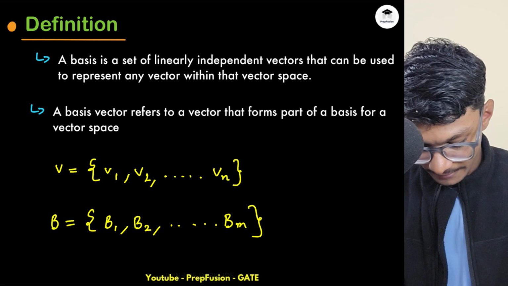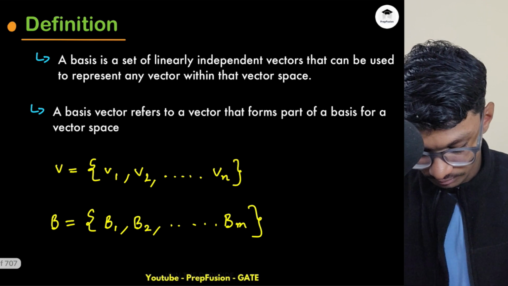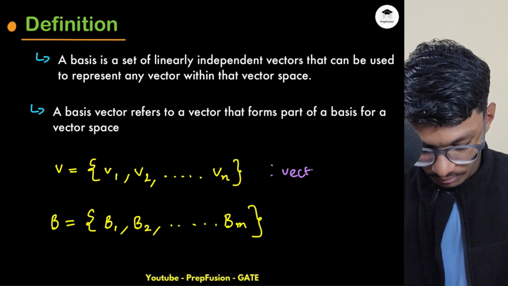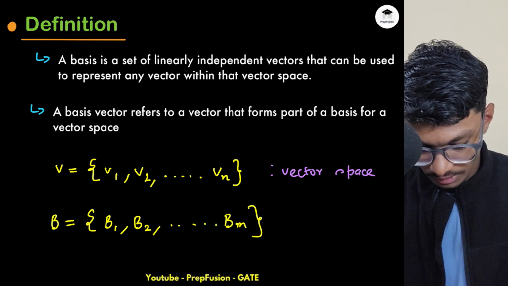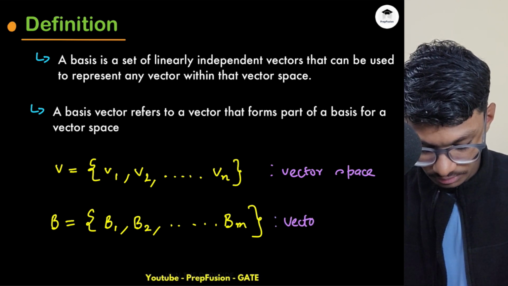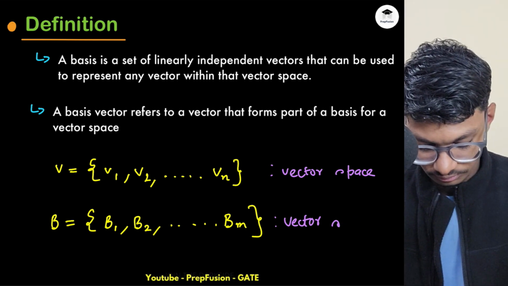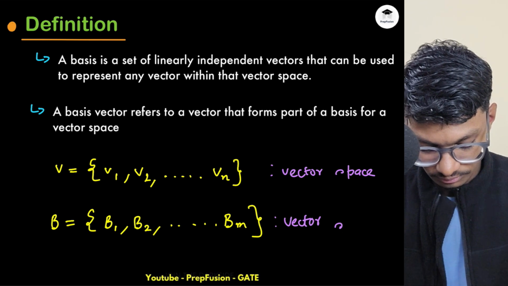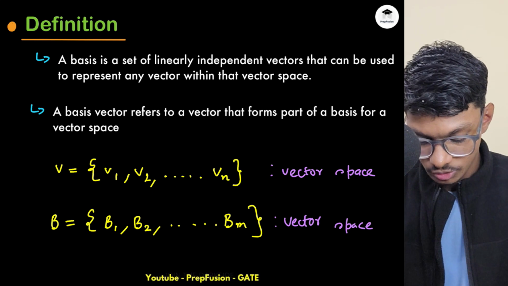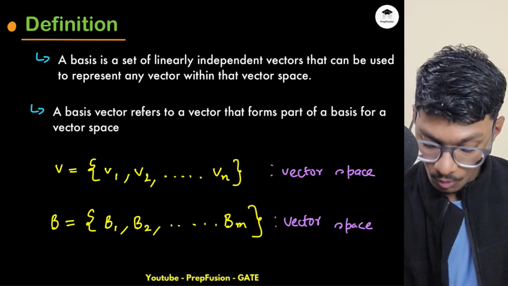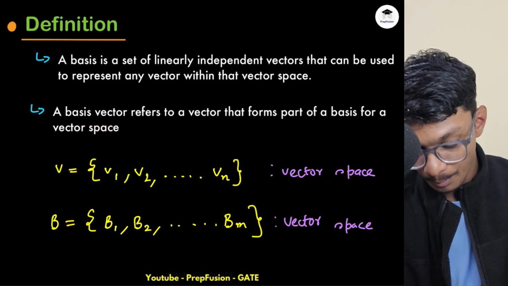This is a vector space, and this is also a vector space. So these two are vector spaces, and a basis vector is part of a basis.